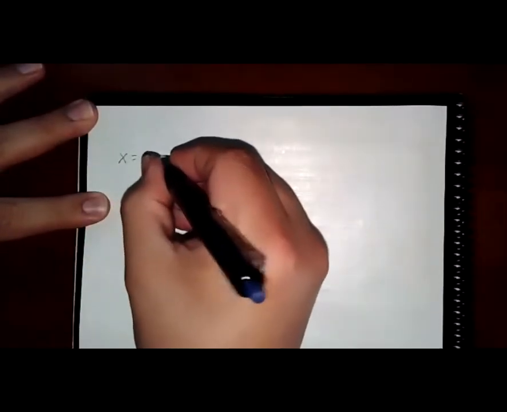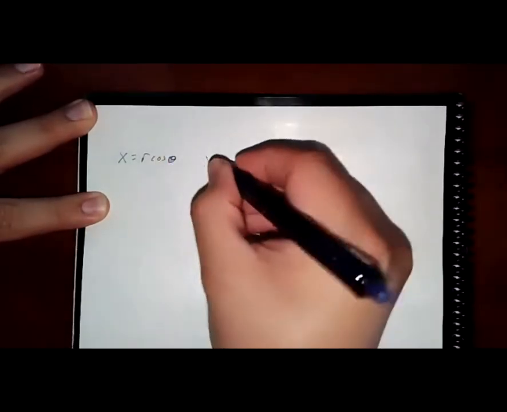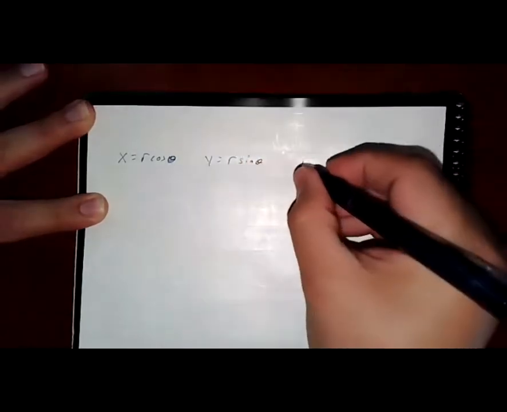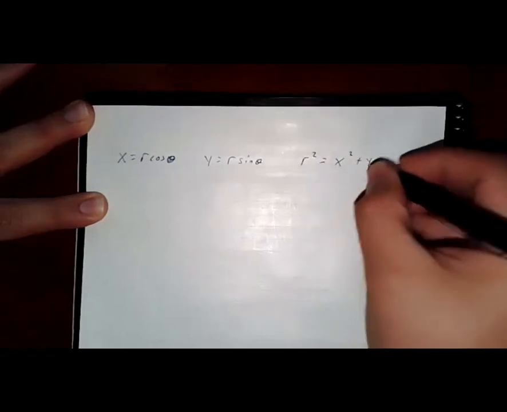Okay, so let me give you some formulas you're going to need for converting formulas and equations. So X is equal to r cosine theta. Y is equal to r sine theta. R squared is equal to x squared plus y squared.